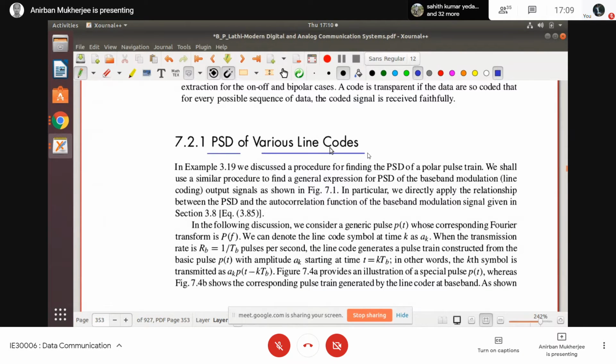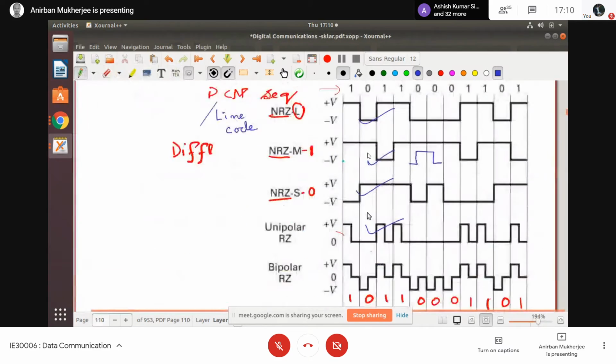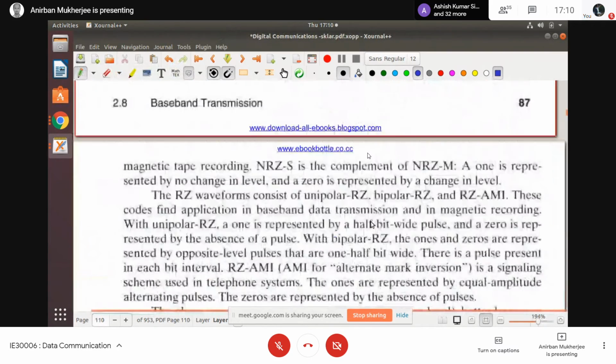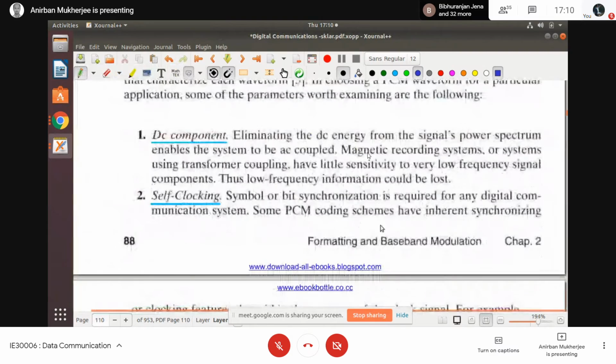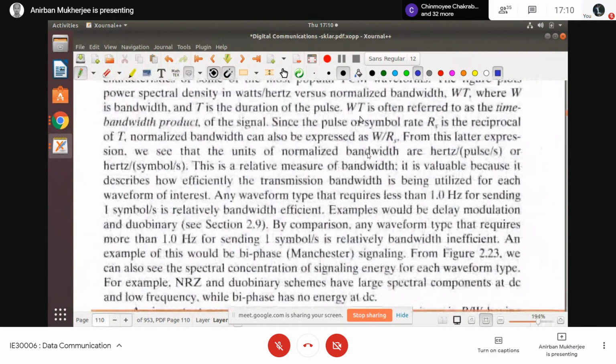Is the context clear? We are still in baseband coding. If you remember, I have shown you some pictures here, some of the power spectral density figures, where spectral attributes of PCM waveforms are discussed.